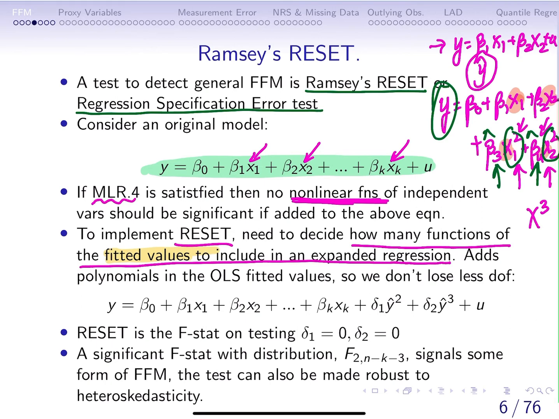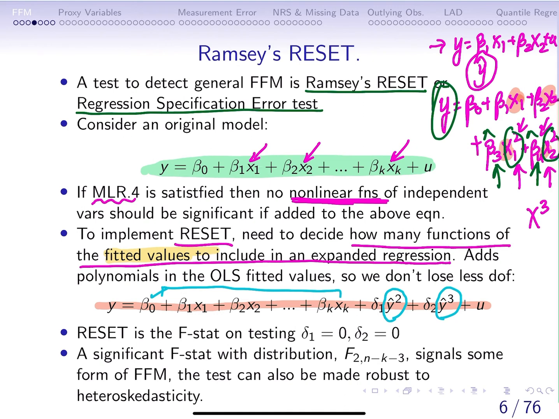Once we get y hat, we estimate a bigger regression in which everything is the same up to this point, with all the x's appearing in level form, but then we incorporate the fitted values in quadratic form and in cubic form, and whatever else you want to do.